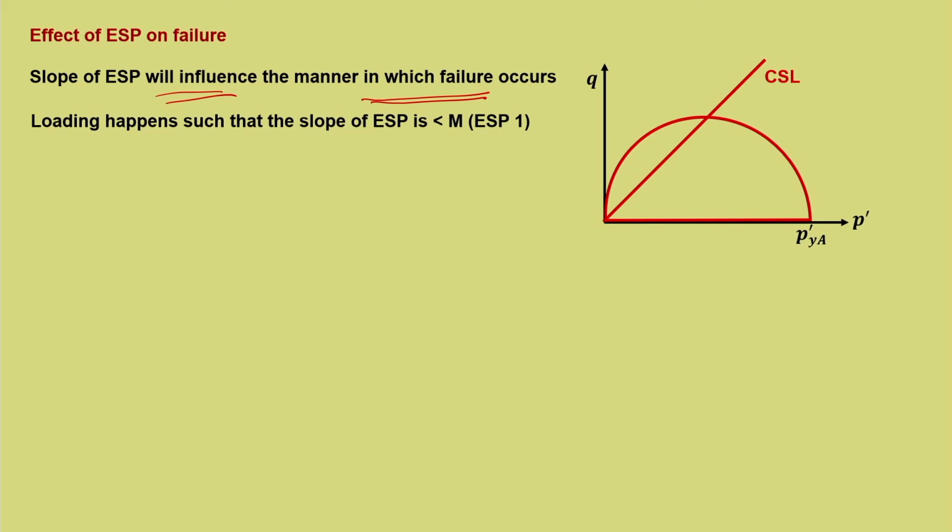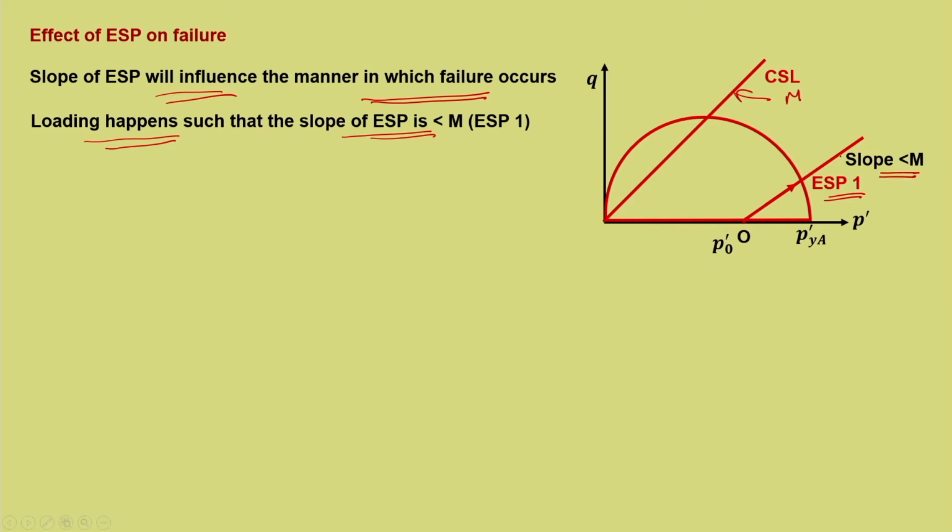Let us say that loading is done in such a manner that slope is less than m. Now, what is m? M is the slope of CSL. Now, let us say you consider a point which is slightly over consolidated at O, and the loading is done such that ESP1, here it is ESP1, is with a slope less than m.